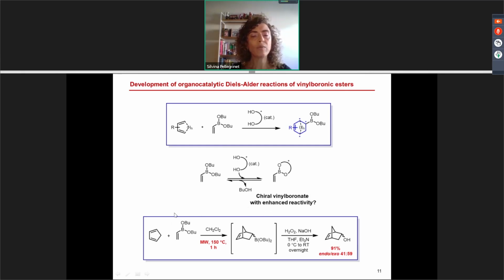For the butanol derivative, we need to heat the reaction at 150 degrees for 1 hour under microwave irradiation. And after oxidation of the cycloadduct, we obtain a 91% yield of a 41 to 59 endo-exo ratio of alcohols.